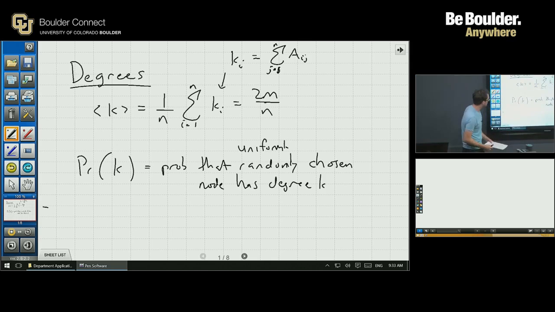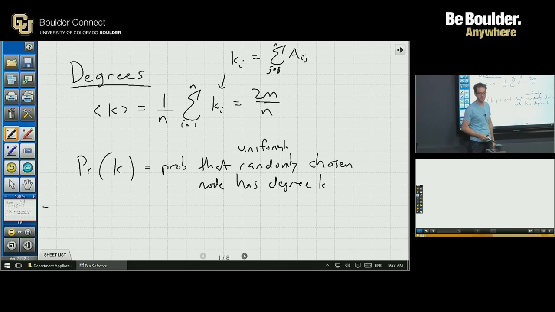There are a lot of things in this class where we'll talk about stochastic processes or probability theory, and we're typically making an assumption about taking a uniform sample from some set. In this case, the set is the vertices. We're just going to choose one at random. What's the probability that that uniformly randomly chosen vertex has degree k?